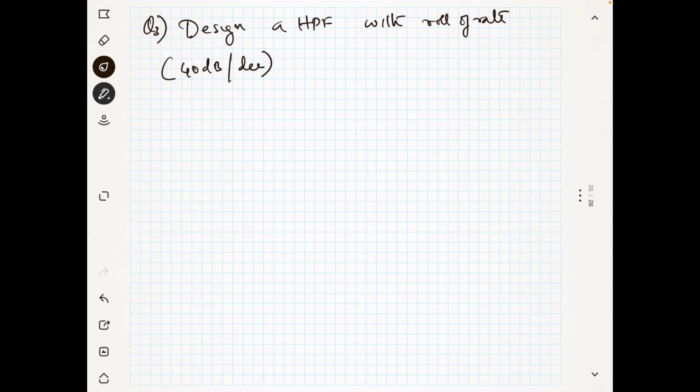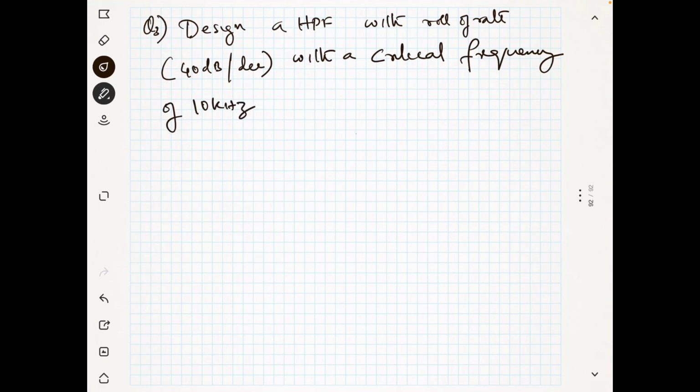That means what? It is a second order filter because 40 is nothing but 2 times 20. So it is a second order filter with a critical frequency of 10 kilohertz.